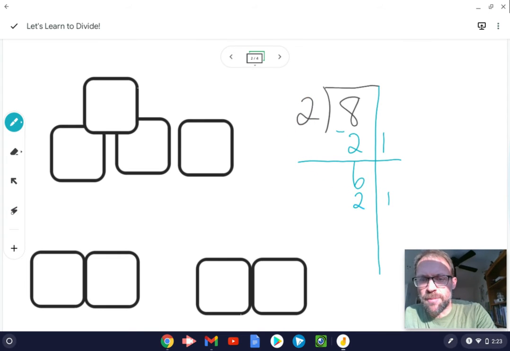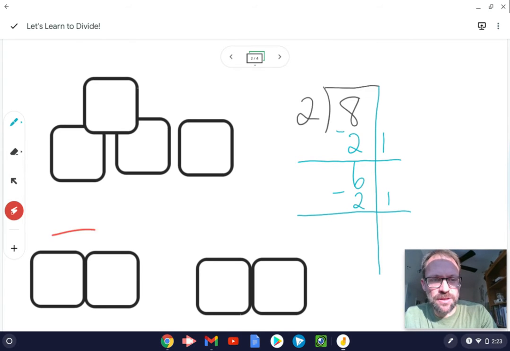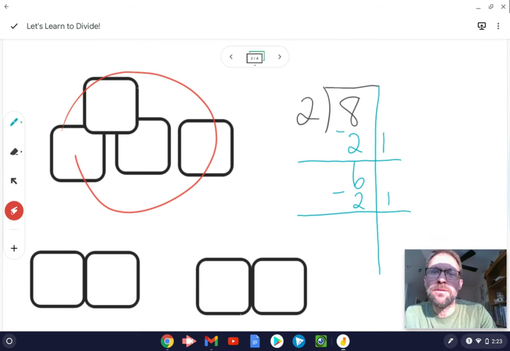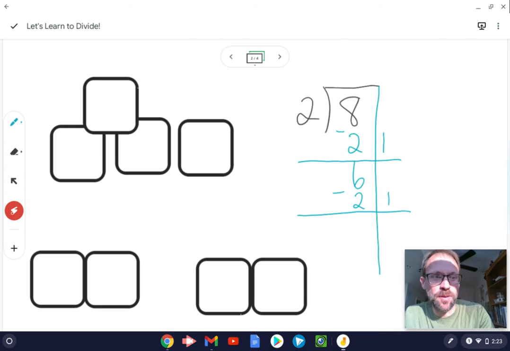So we'll write that amount, 2, underneath the 6. And do you see how we just took this group of 2 away? We brought it over here, away from the bigger pile. Well, the way we take away the 2 from the bigger pile of 6 using partial quotients is to subtract. 6 minus 2 is 4.